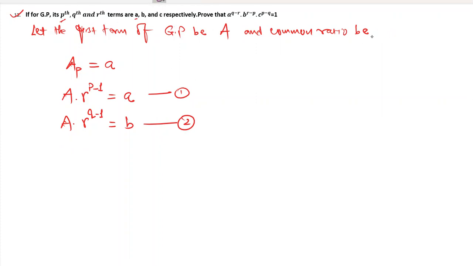We have to use it as capital R. Let's change it, no problem. So common ratio is capital R. There are two more places where we are going to change it.